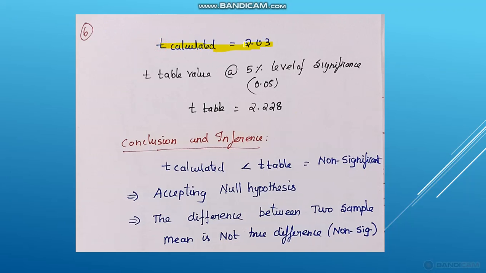Then we want to find the t table value at the 5% level of significance.